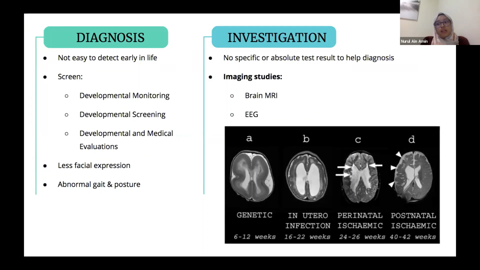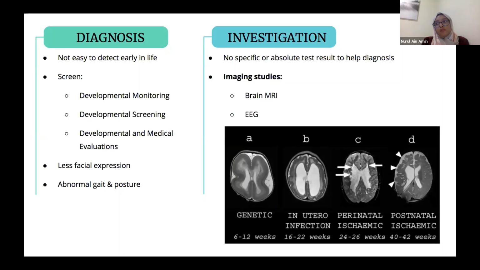And then diagnosis of CP can also be challenging because it's static and non-progressive, so the clinical findings still can change as the nervous system matures. Okay, so the diagnosis also involves a combination of findings. That's why there's no specific or absolute test to help the diagnosis.